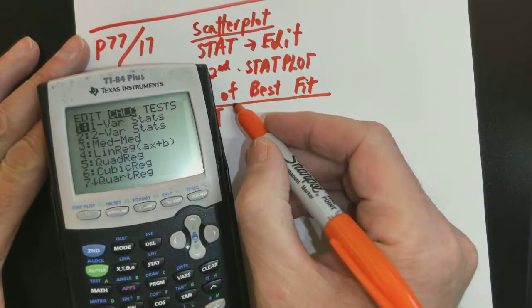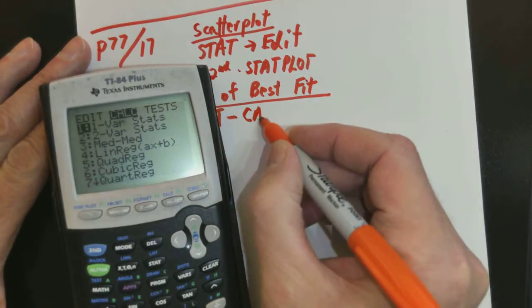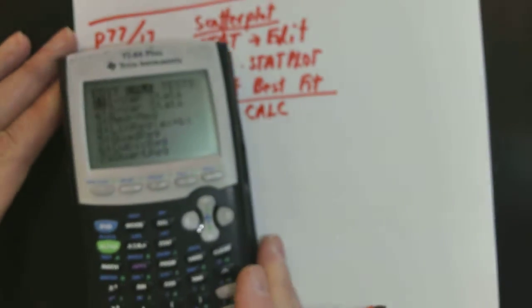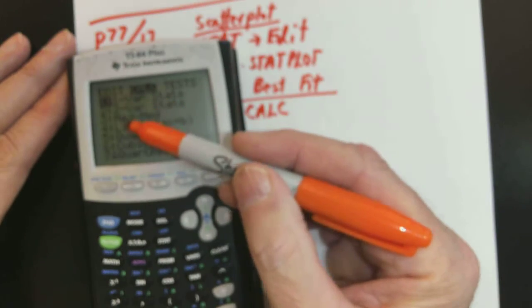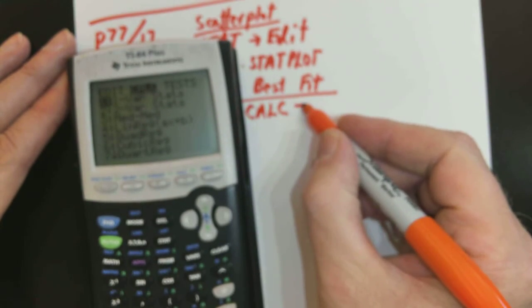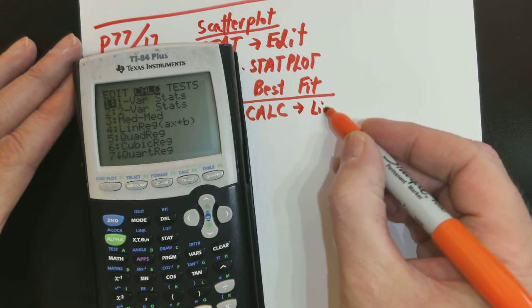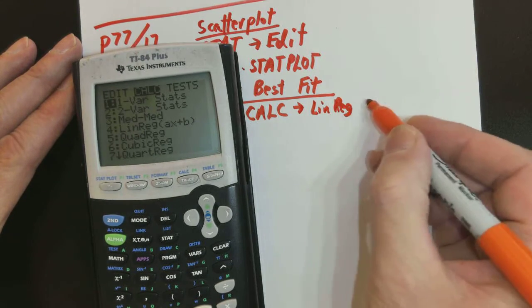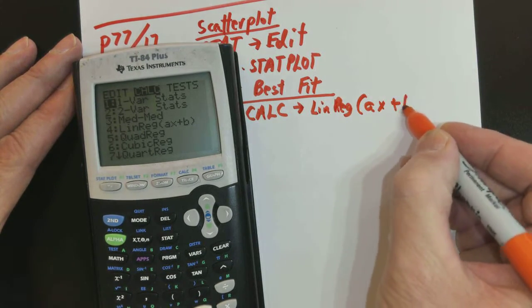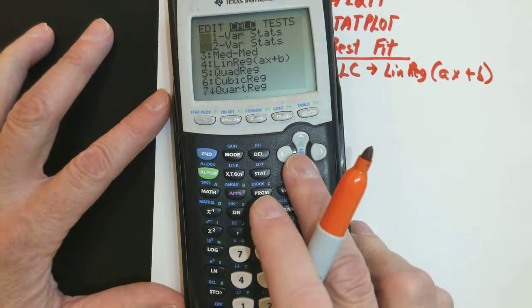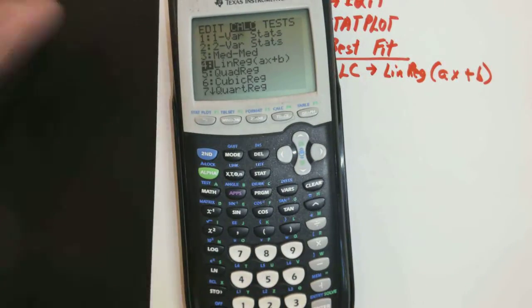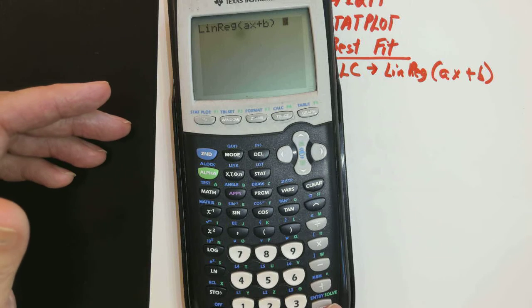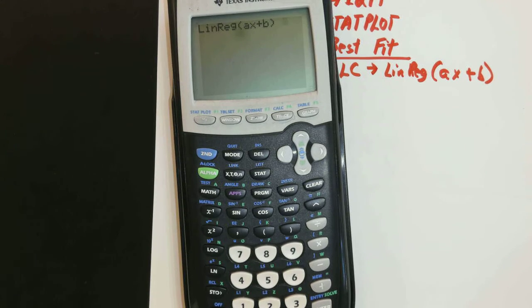Stat, then Calc, and number 4 is LinReg ax plus b. Go down to that. LinReg, linear regression is what it is. Ax plus b. Okay.